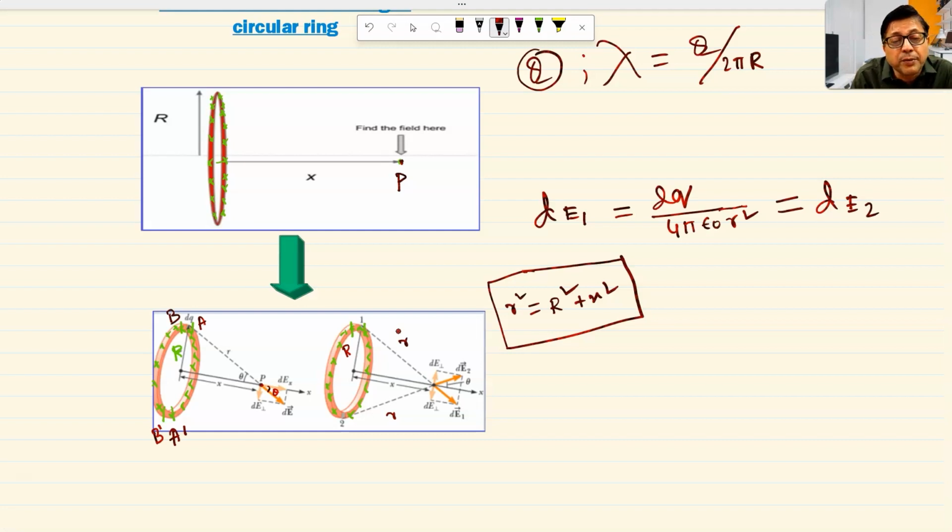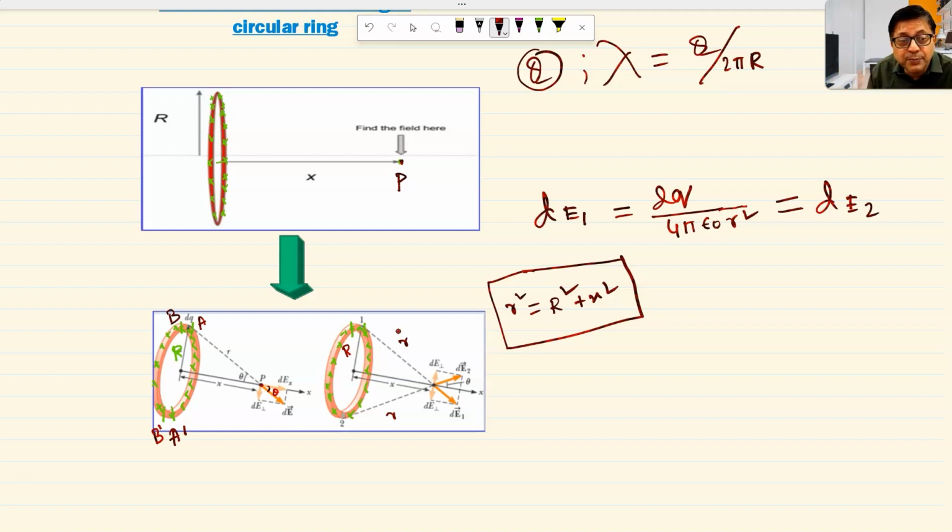Similarly, the components of this portion also, along x-axis and along y-axis, have the same value. You can see the component along the y-axis getting cancelled. So there will be a component along the x-axis only, that is dE1x or dE2x. I hope all of you have understood.